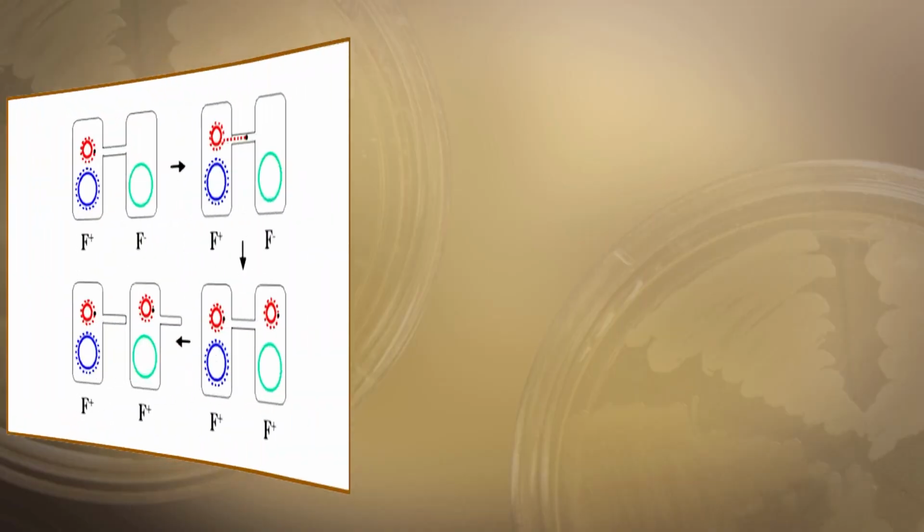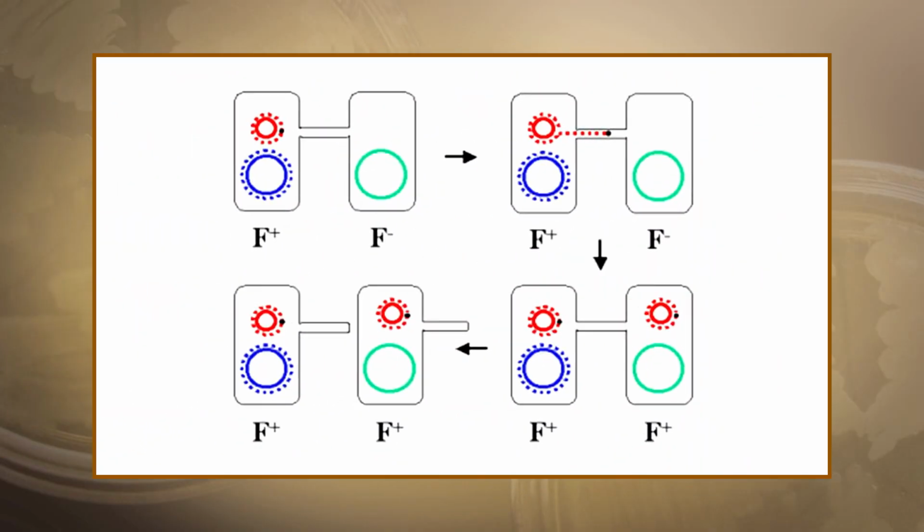There can only be one copy of the F plasmid in a given bacterium, either free or integrated, two immediately before cell division. The donor bacteria carrying an F factor form the conjugation tube and are called F positive or F plus. Strains that lack F plasmids are called F negative or F minus.